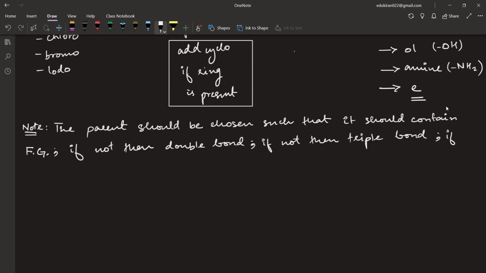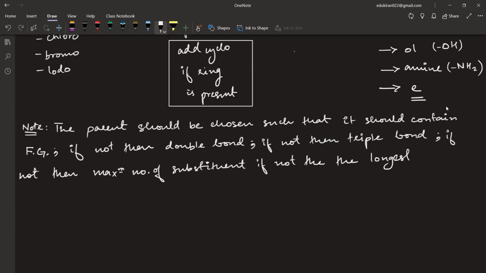If not, then maximum number of substituent. If not, then the longest chain. ठीक है, please write this note.